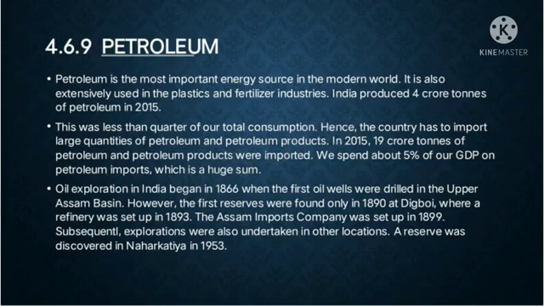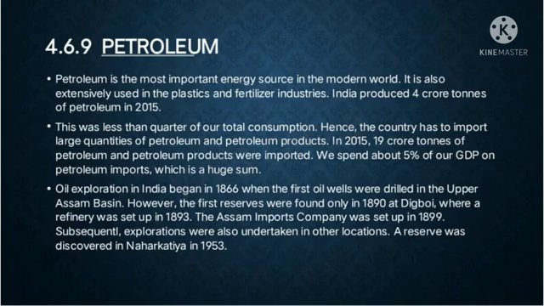Hence, the country has to import large quantities of petroleum and petroleum products. In 2015, 19 crore tons of petroleum and petroleum products were imported. We have spent about 5% of our GDP on petroleum imports, which is a huge sum.